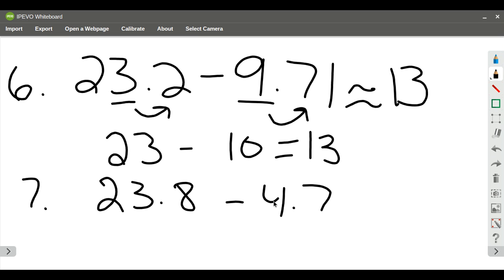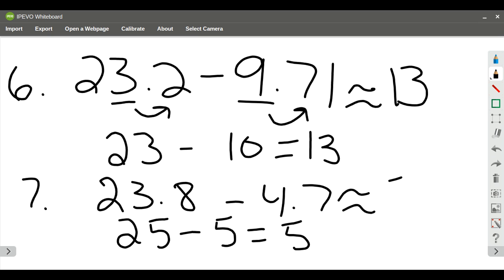So I could do 24 subtract 5, or if I wanted to make it easier, I could use a compatible number of 25 because 25 is near 23, and then I can subtract 5, and I get an answer of 5, which means my answer should be around 5.